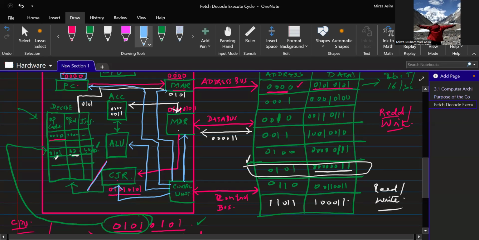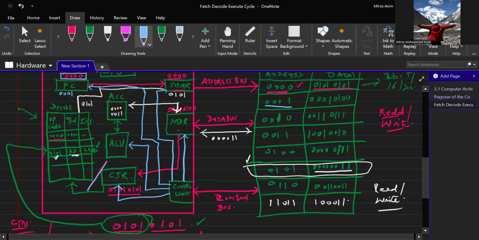I gave you the example. Now it is done. So it should move on to the next instruction, next address, which is 000001. So the PC should be incremented by 1. It should move on to the next address, which is now 0001. Again, the same process happens.